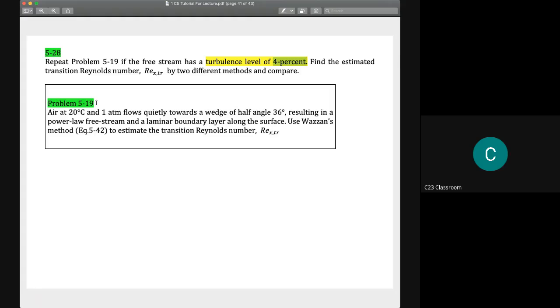This is the question for 5.19: air at 20 degrees Celsius, 1 atm, flows quietly toward a wedge of half angle 36 degrees, resulting in a power law free stream and a laminar boundary layer along the surface. Use Wazzan's method to estimate the transition Reynolds number.